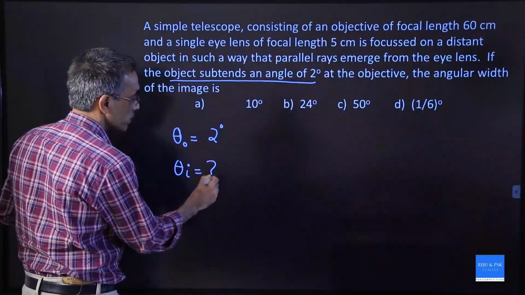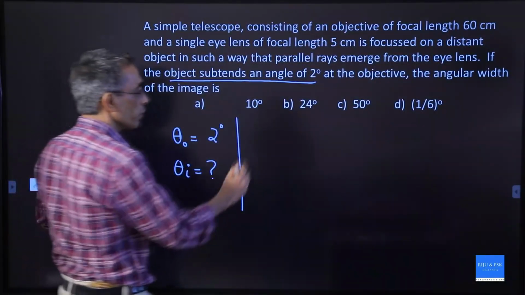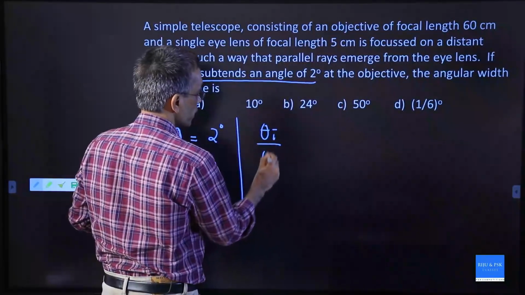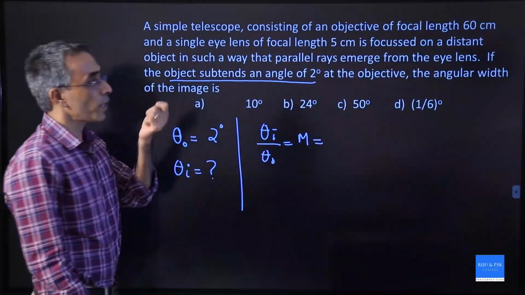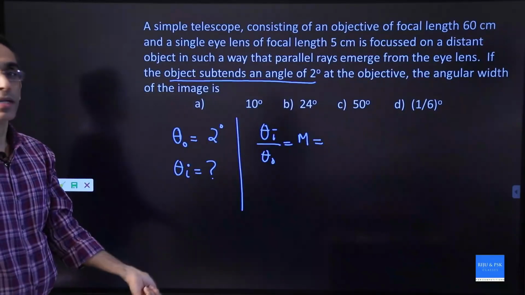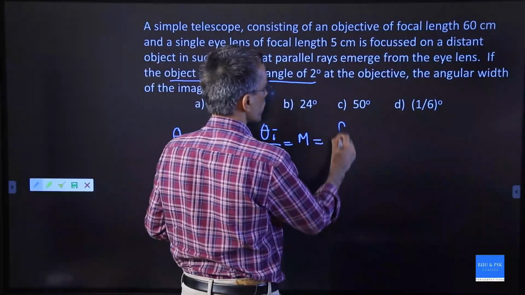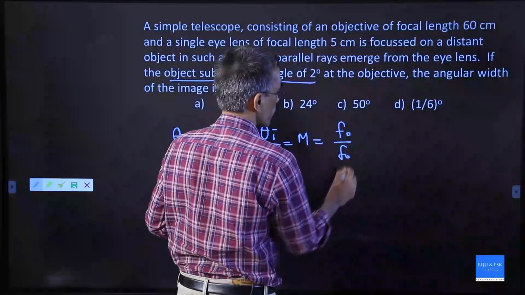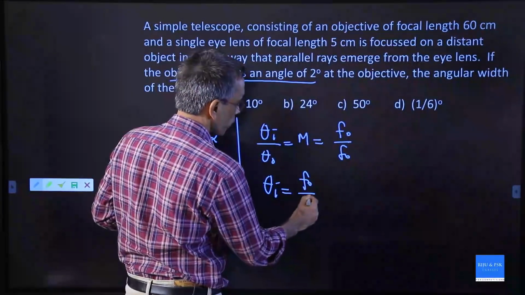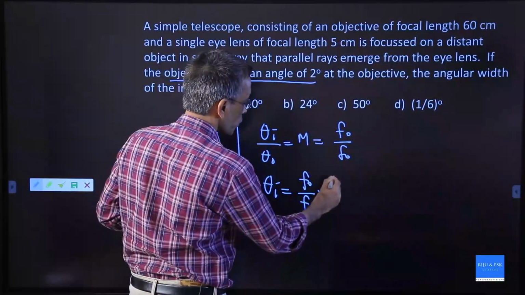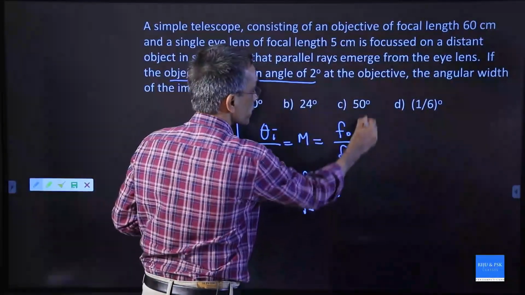We know theta I by theta O is what we call angular magnification, and when the final image is at infinity, angular magnification of a telescope is given by FO by FE. Therefore, theta of the image is FO by FE into theta of the object.